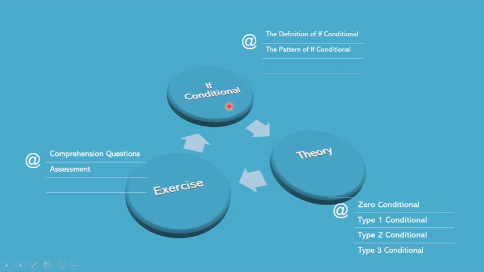We learn about the definition of if conditional, the pattern of if conditional, and we learn about the theory here. The if conditional divides into four types here: zero conditional, type 1 conditional, type 2 conditional, and type 3 conditional. And then the last one, we learn about exercise, about comprehension question and assessment.